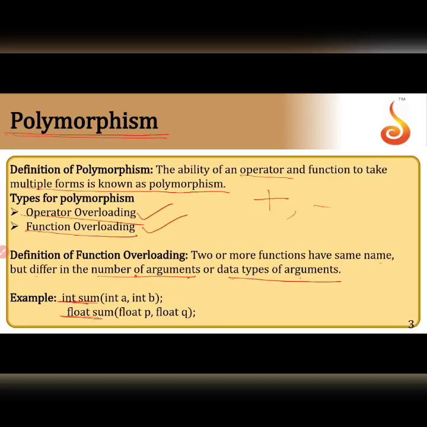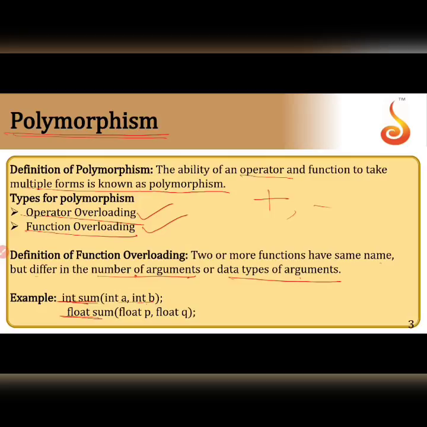Getting it? Suppose int sum a b and again float sum a b will not be an overloaded function, or if I have one void and one float also is not an overloaded function. It should differ in the number of arguments or the data type of the arguments passed to it. So sum is same, the name of the function is same. This one is returning an integer value, this is going to return a float value.